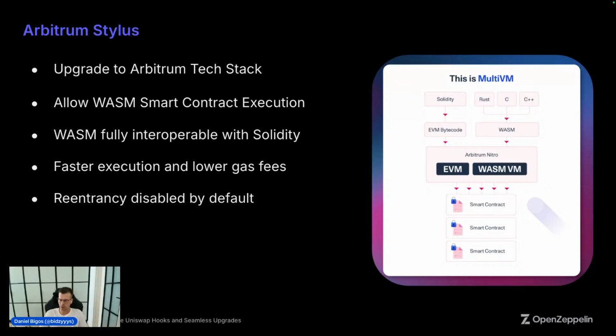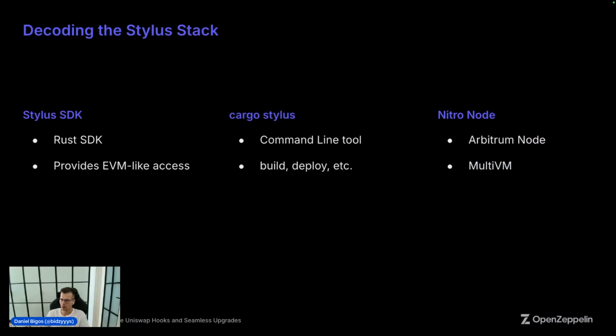You need to change something in the configuration on purpose. Stylus smart contracts are available just like EVM smart contracts, in the sense that users can interact with Stylus smart contracts on Arbitrum chains the same way that they would interact with regular EVM ones.